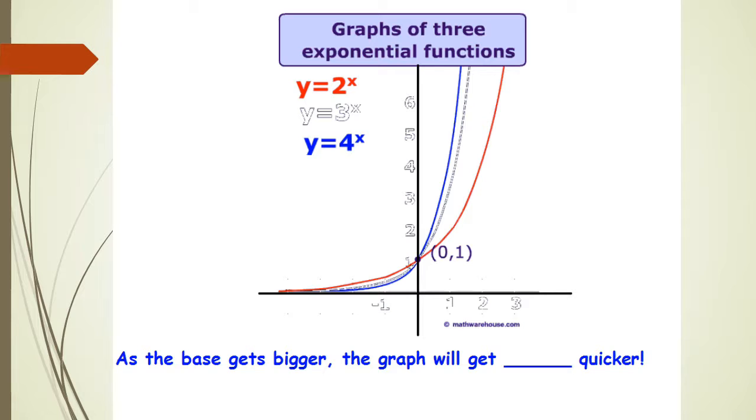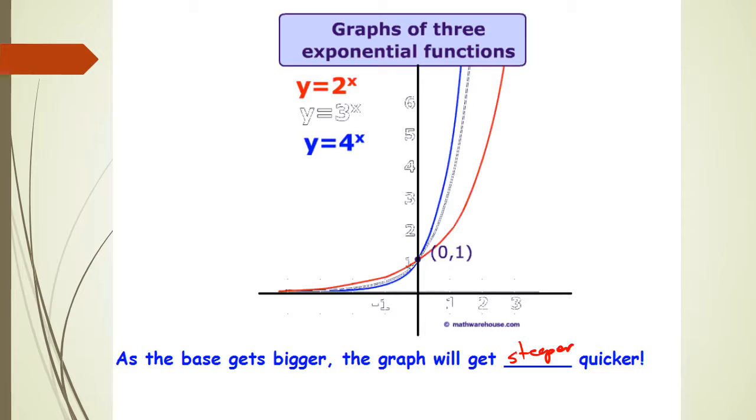You've got 3 exponential functions all graphed on the same graph here so that you can compare each of them together. You start with y equals 2 to the x, and then the base increases to 3. And what happens is the function gets steeper quicker. That's one way to look at it.